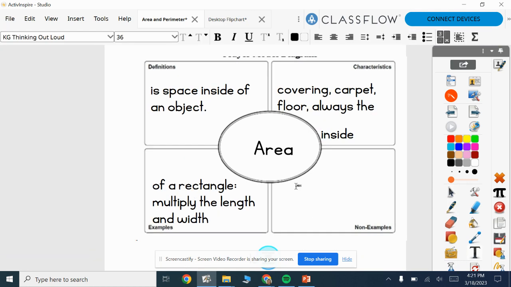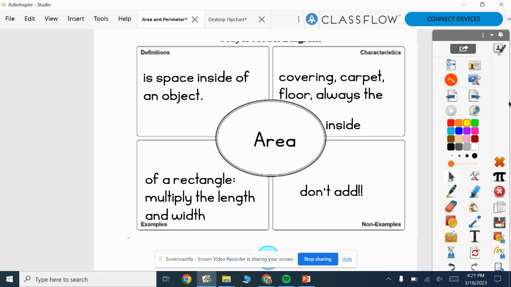So a non-example: don't add. Even though it's tempting to add, you're going to multiply the base and the width.